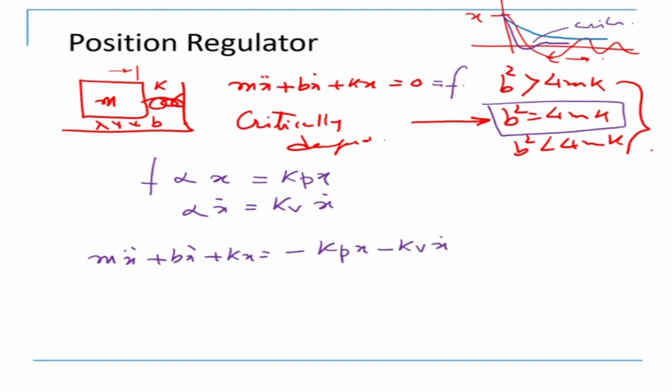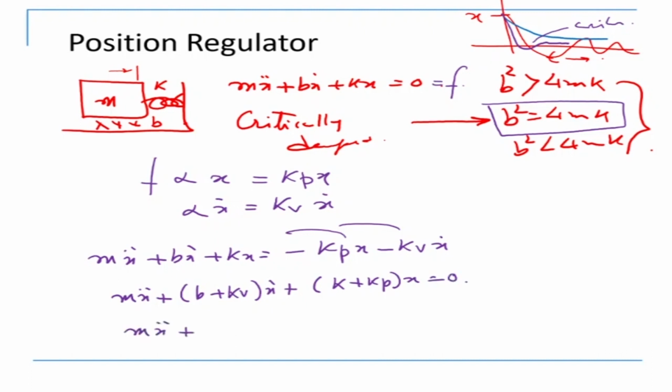Now I can bring these terms to this side, and what we basically get is m x double dot plus (b plus kv) into x dot plus (k plus kp) into x is equal to 0, and this is written in the form m x double dot plus b dashed x dot plus k dashed x is equal to 0.